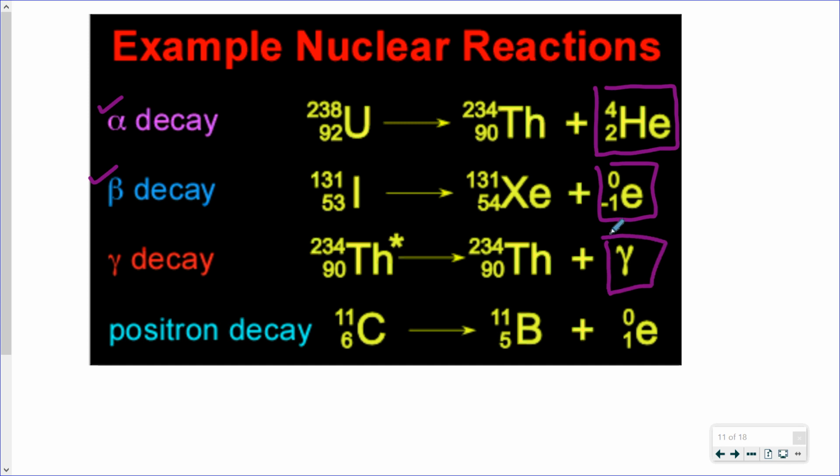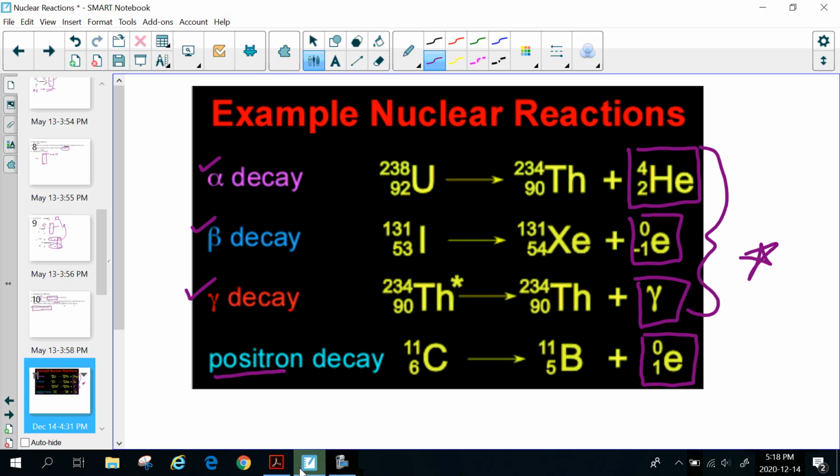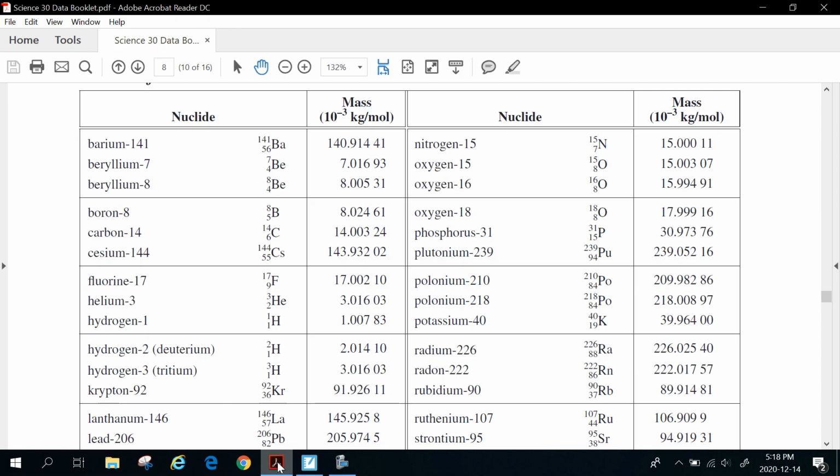This is the gamma particle, and it is gamma decay. They do also have this one in your data booklet, a positron. So I suppose you could maybe get this one as well. But in terms of the program of studies, these are the big ones that you do at least need to be able to recognize.